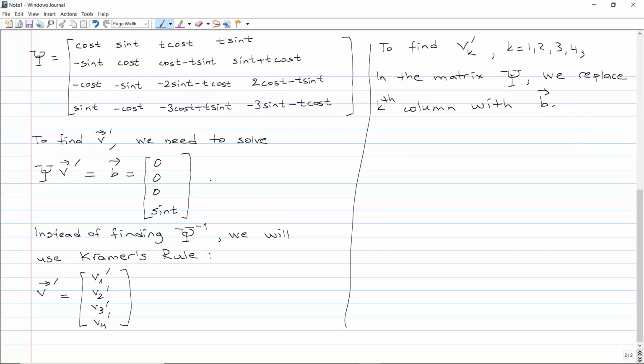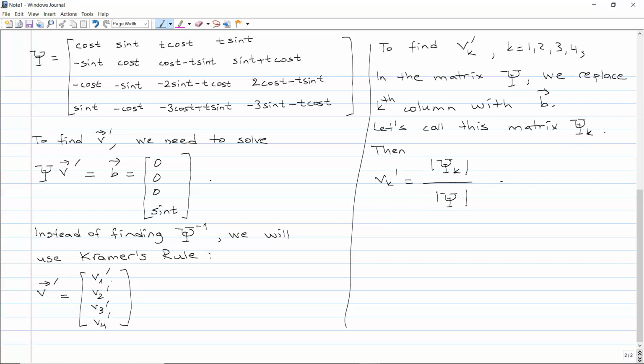We take the first column, and instead of the first column of the fundamental matrix, we write the column B. Let's call this matrix Ck. So we are replacing the kth column with the column B. Then Vk prime is the determinant of this matrix Ck divided by the determinant of C.